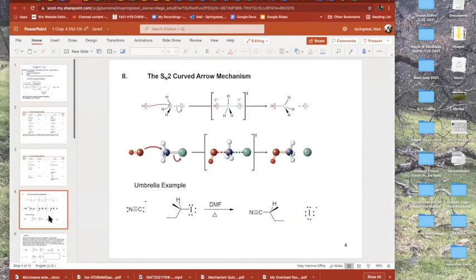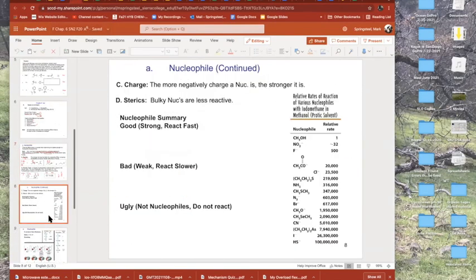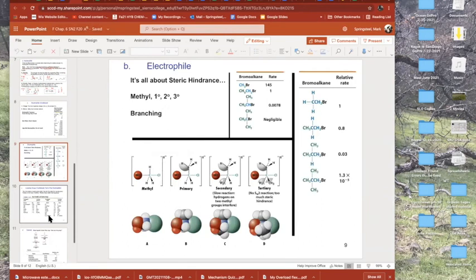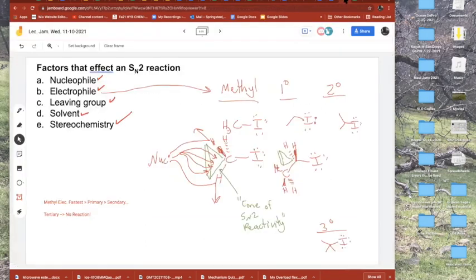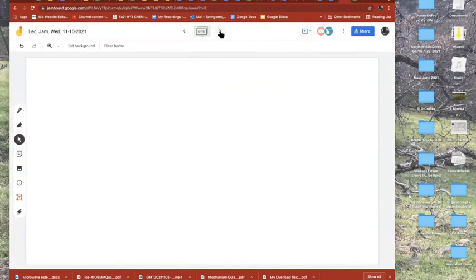Let me just make sure I covered what I want to cover on these. Look at those later. Oh, this one's kind of interesting. Does this one make sense? The branching. Yeah, I'll do one more thing with the electrophiles. One more thing for electrophiles.